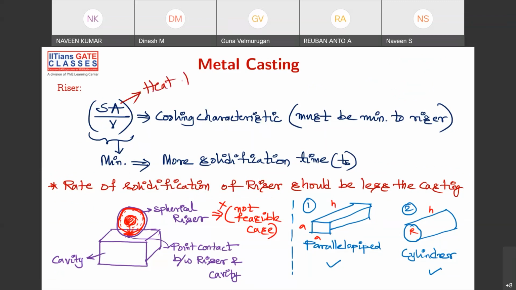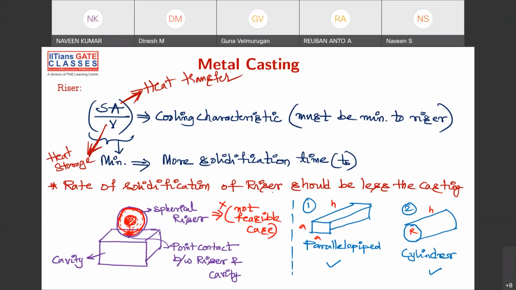I want to release as much heat as possible, and more surface area gives me good space to release heat. Volume represents heat storage. So heat transfer is in the numerator and heat storage is in the denominator.